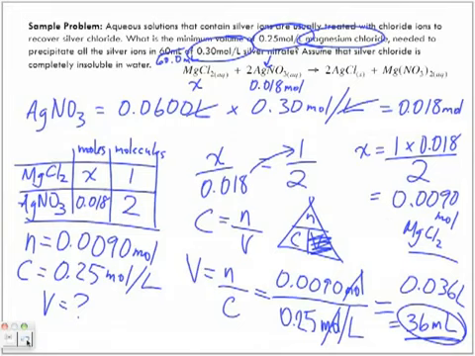Then think about what you're given in the question. Remember, odds are moles is what you're trying to find in your first step. You start off with your equation, try to find the moles, and then from there try to find the moles of either one of your reactants or one of your products.